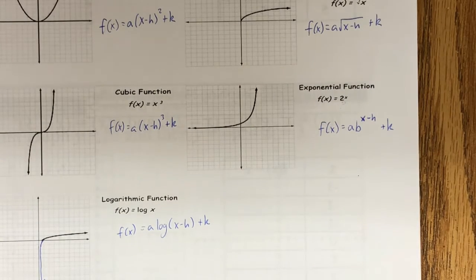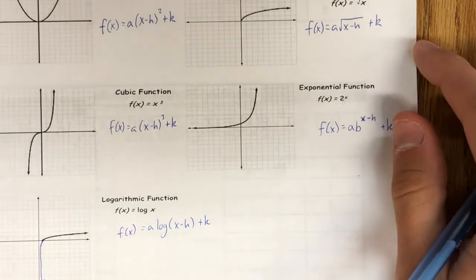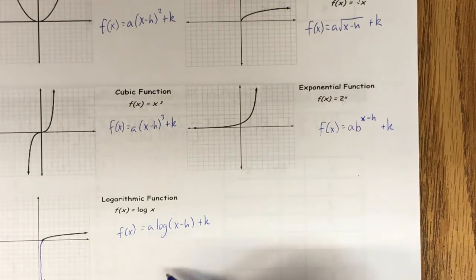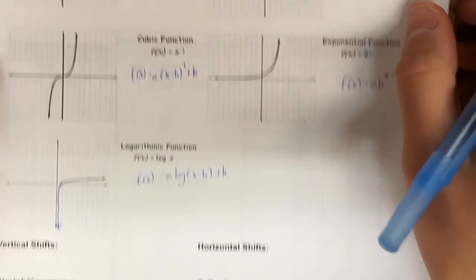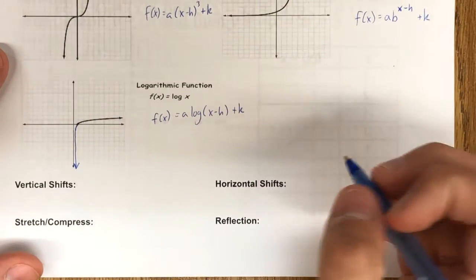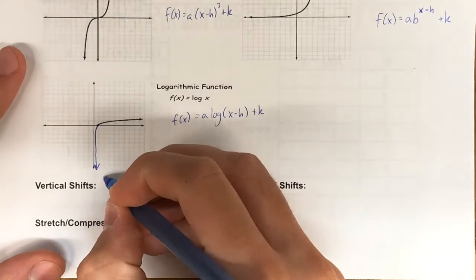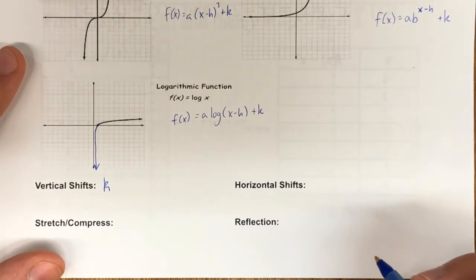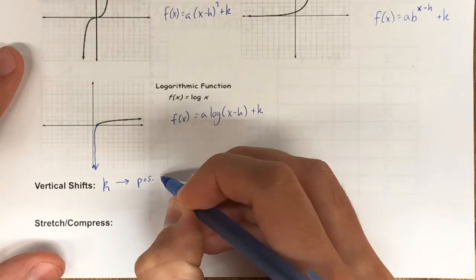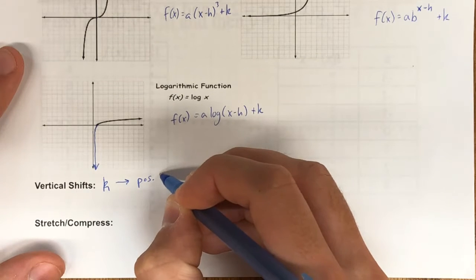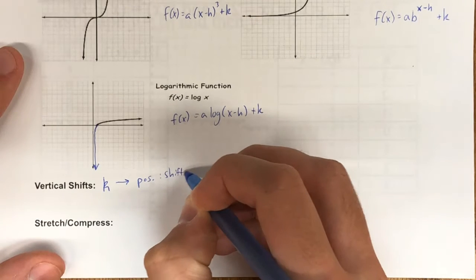Okay, so we have a few different letters happening here. We have a, h, and k that have shown up in all of these. Well, except for linear, there's no h. In terms of vertical shifts, our k represents our vertical shift, in the sense where if it's positive, that means we shift up.